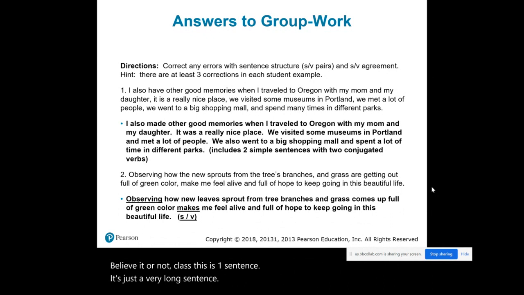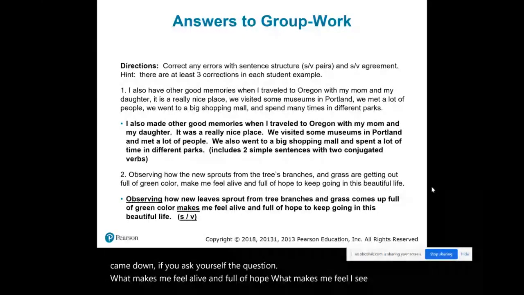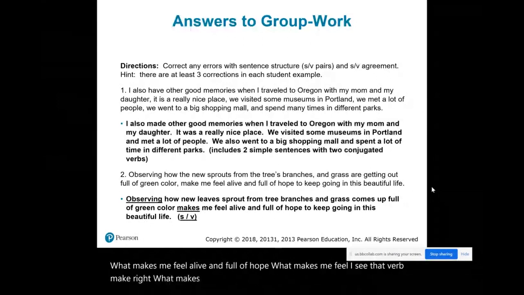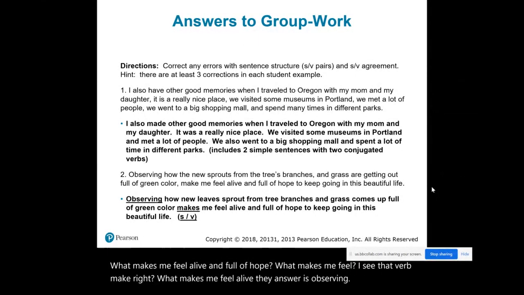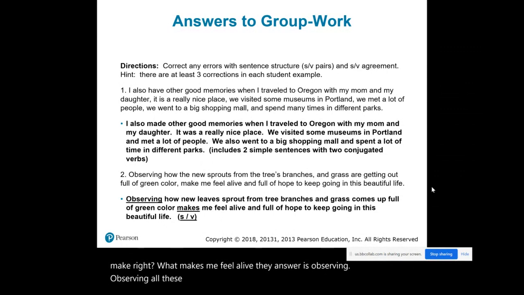Because this writer had a lot of little ideas, but really what it came down to, if you ask yourself the question, what makes me feel alive and full of hope? What makes me feel? I see that verb make, right? What makes me feel alive? The answer is observing, watching all of these things happen.